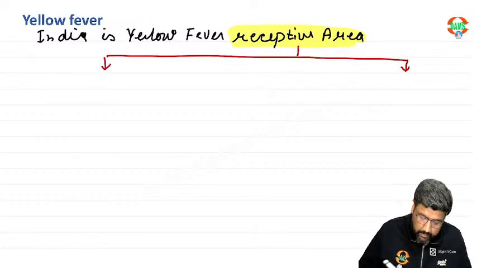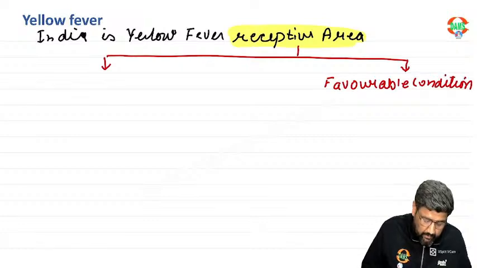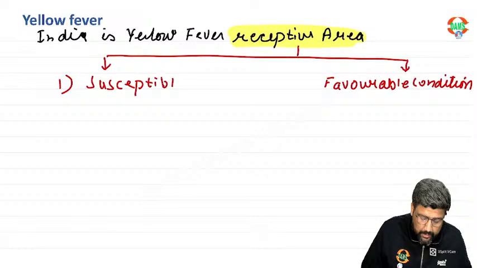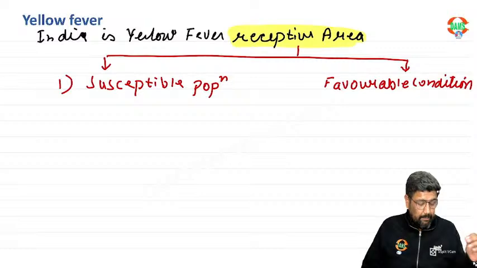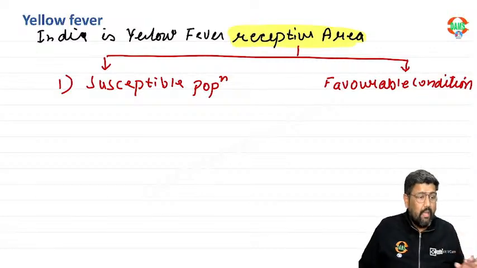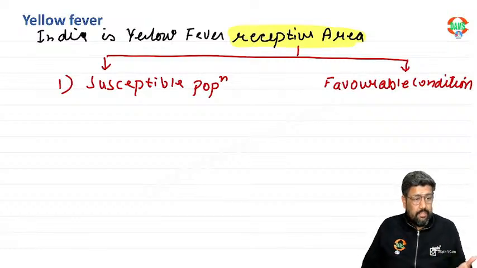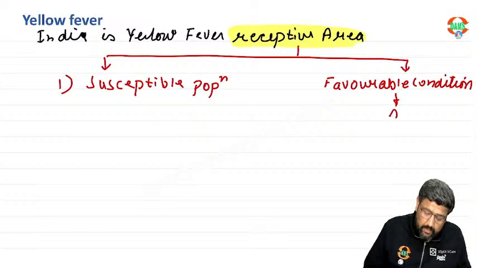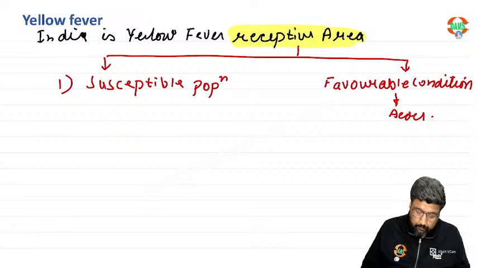Because we have favorable conditions, the vector is present, and also we have a susceptible population. Susceptible population means our population is unimmunized, right? And in India we have favorable conditions, like Aedes, so this can be a problem for us, right?